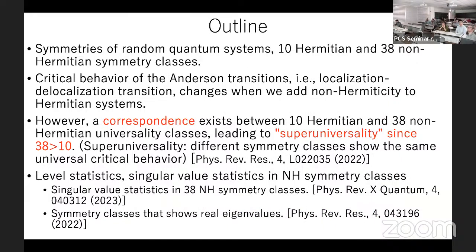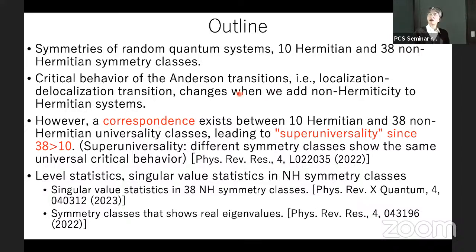Okay, so the outline of my talk is that I will first explain that there are 10 Hermitian symmetry classes, which is extended to 38 if we allow non-Hermiticity to the Hamiltonian. And the critical behavior, that is the localization-delocalization transition, changes when we add non-Hermiticity to the Hermitian system.